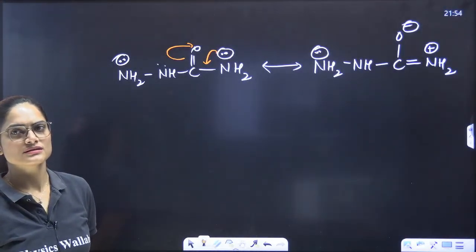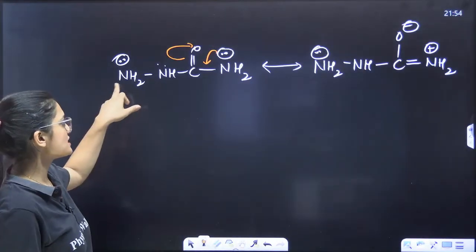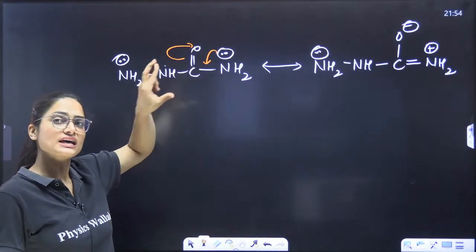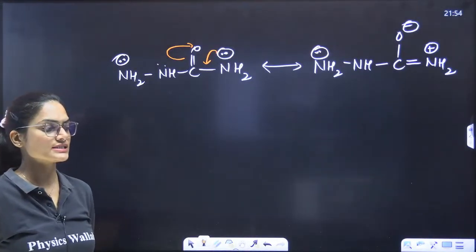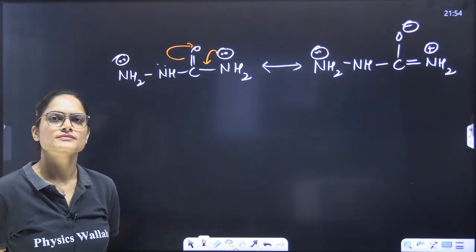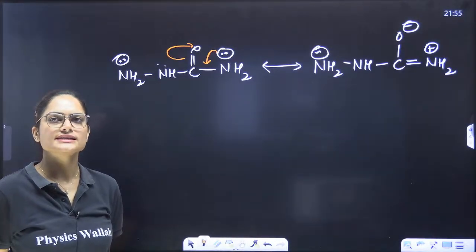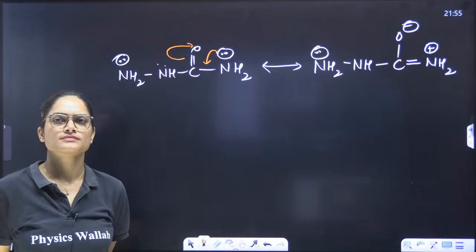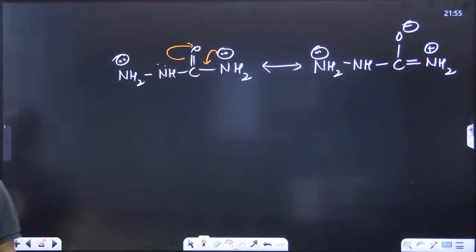Everybody, attack onto the electrophilic carbon will take place through this nitrogen, not from this nitrogen, as the lone pair is involved in the resonance. Yes, guys. Is this clear? So coming back to this one, my pen fell down, wait.